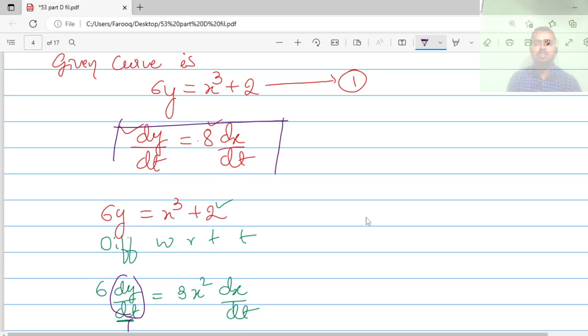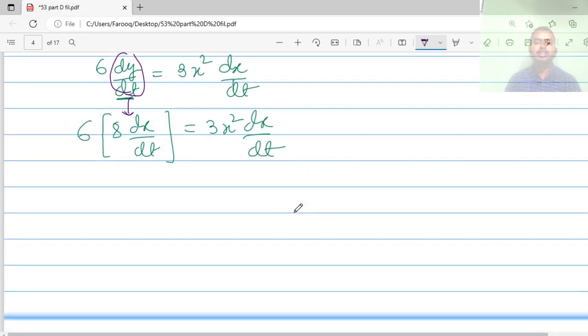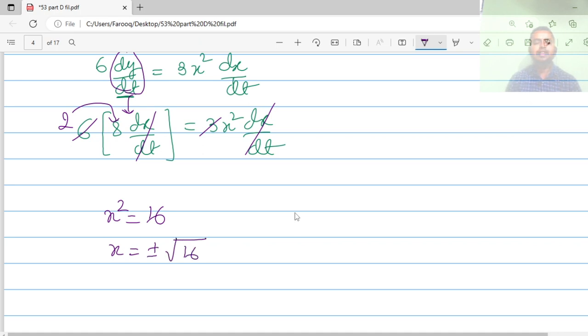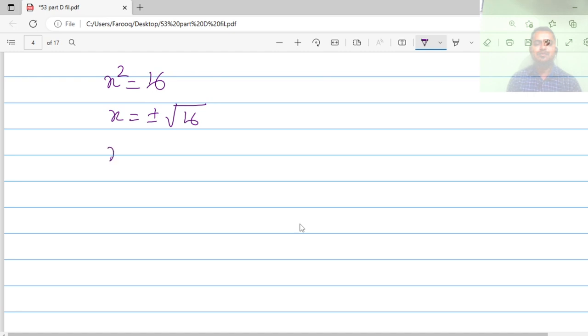This value we are using. dy/dt is equal to 8 into dx/dt. Now 6 ones are 6, 3 twos are 6, so dx/dt cancels. Then x² is equal to 16. x is equal to plus or minus the square root of 16. Then x is equal to plus or minus 4. Values of x.